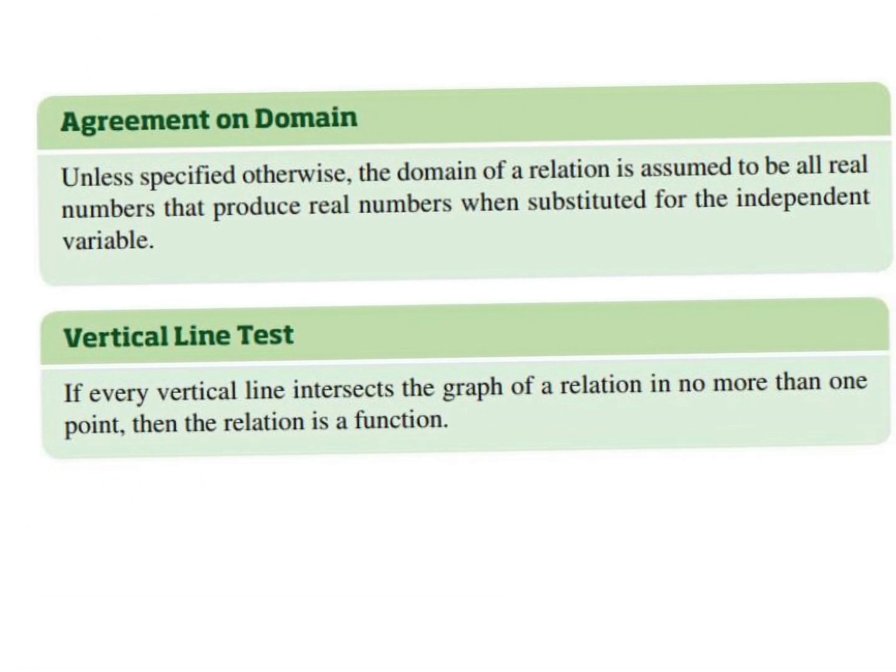So just so we're all on the same page, agreement on domain. Unless otherwise specified, the domain of a relation is assumed to be all real numbers that produce real answers when substituted in for a variable. So let's reword this.